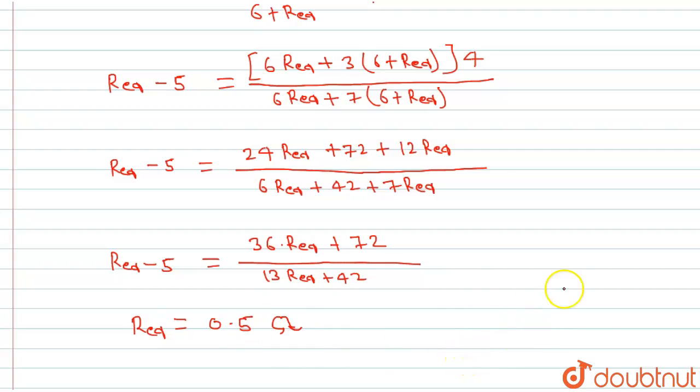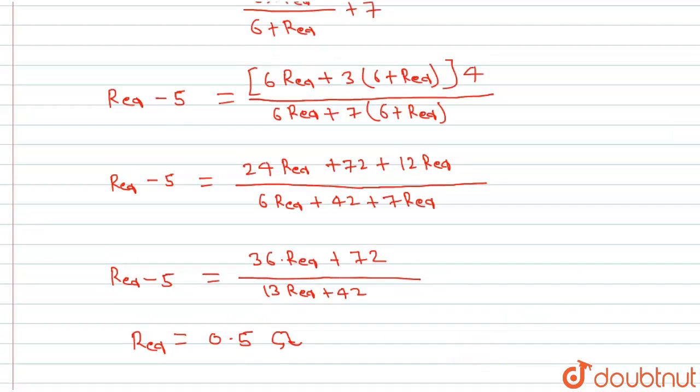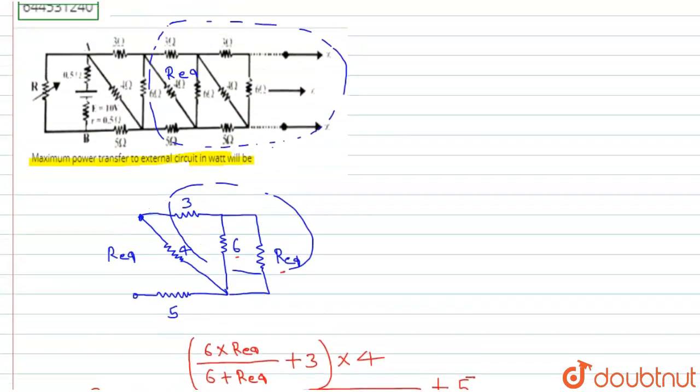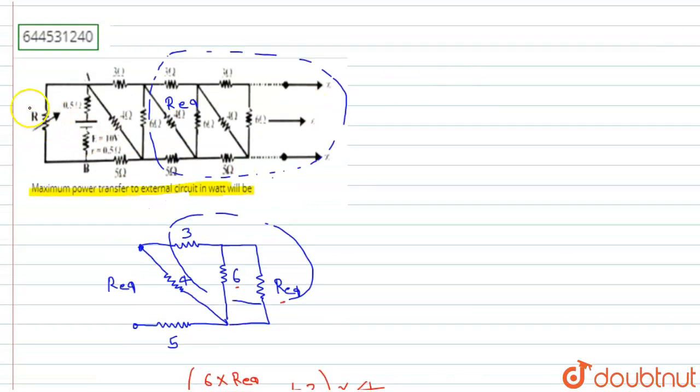Clear? Now we have to find the maximum power. For maximum power, the external resistance is equal to R equivalent. So from here we can find the current.